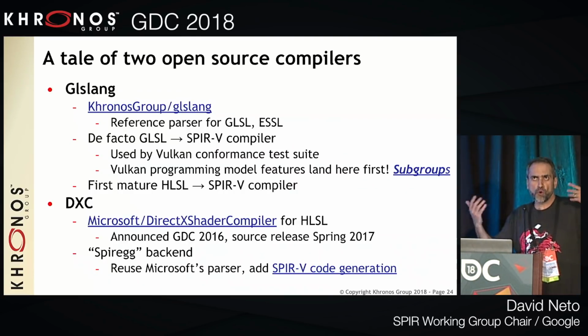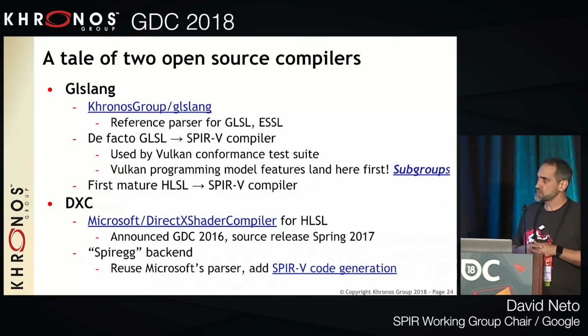And this was done over a couple of years to make sure that SPIR-V actually expressed all the things it needed to do. It was a proof of concept that it was a sane spec. And so glslang has become the de facto compiler for GLSL into SPIR-V. And because of that, it was also developed as the compiler that's used for the vast majority of tests in the Vulkan conformance suite.